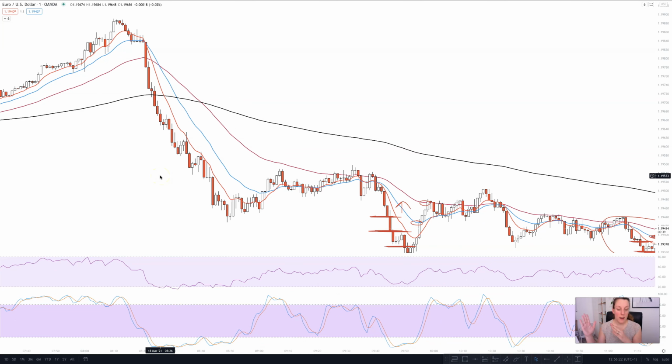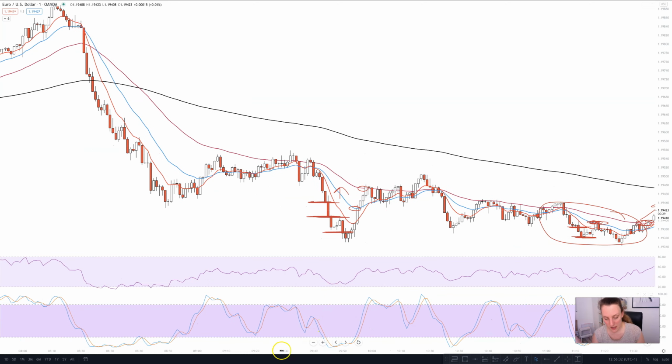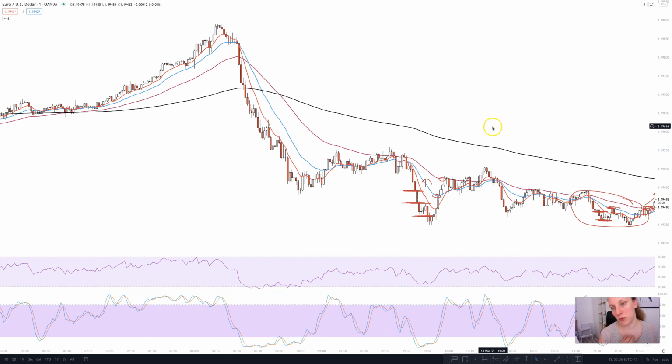You have a ranging market, and both of these need to be treated differently. You have to look at which market situation you are in.